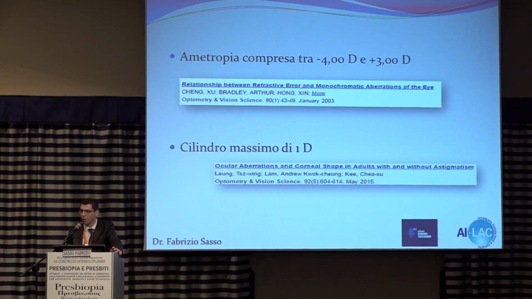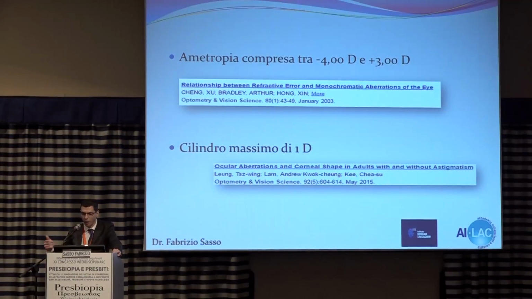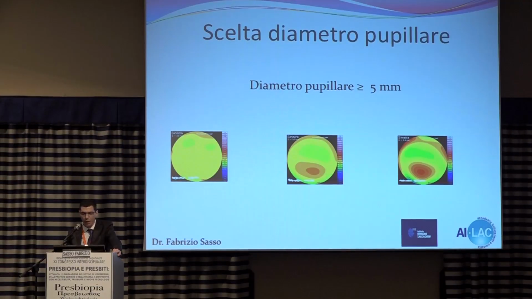This study showed that astigmatism affects the amount of high-order aberrations. In the case of high astigmatism, there's an increase in high-order aberrations. Major astigmatism is always a sign of asymmetrical cornea. That's why this has a meaning.